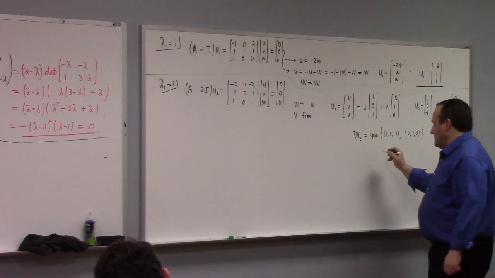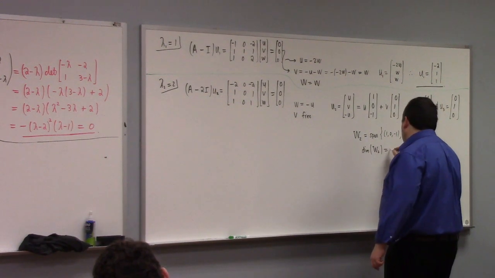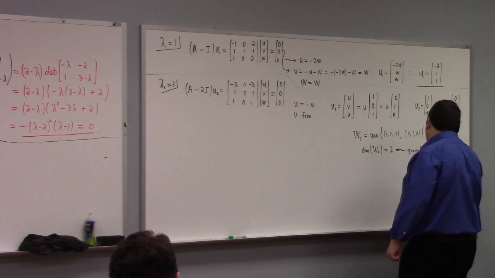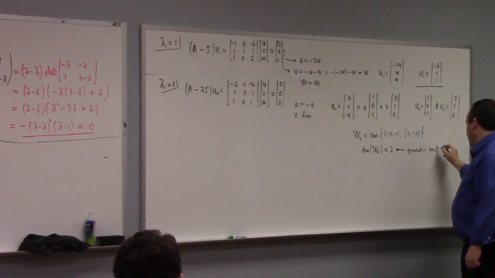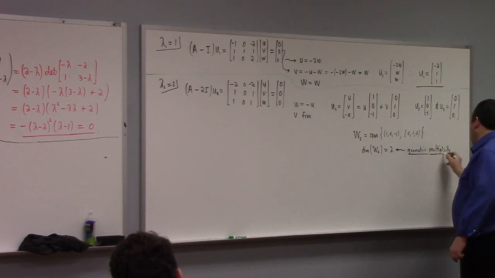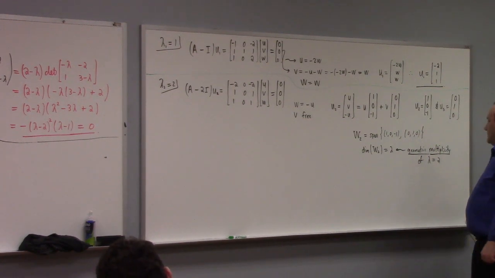So the dimension of W2 is equal to 2, and that is the geometric multiplicity of lambda equals 2.